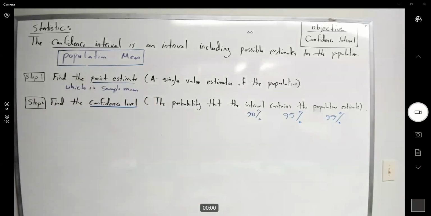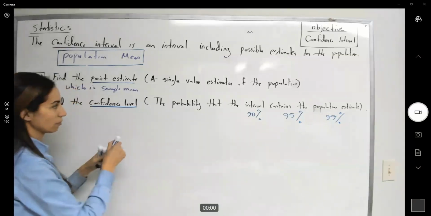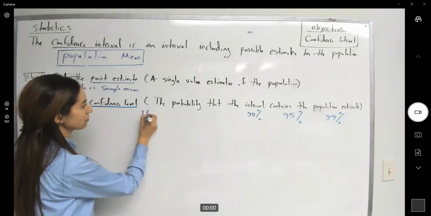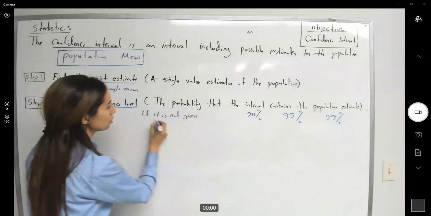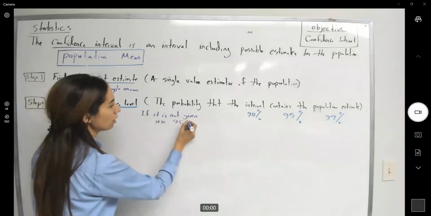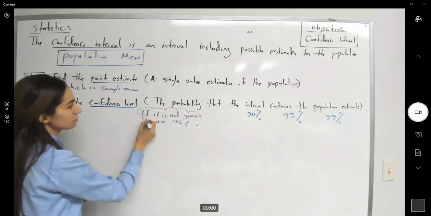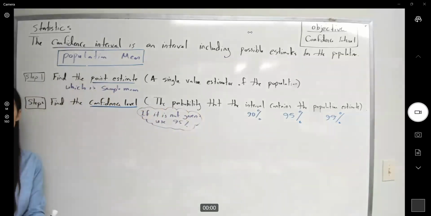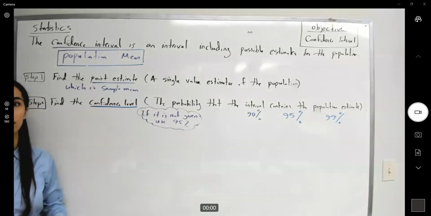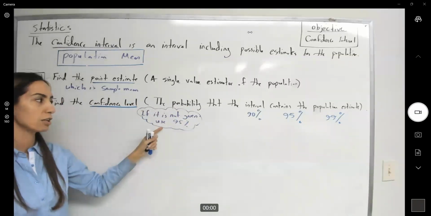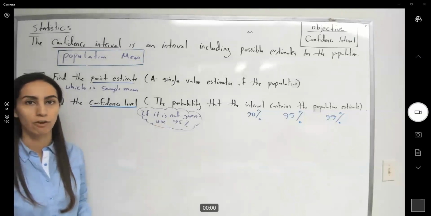So quick note for you: if it is not given, use 95%. When you read the question and cannot find any confidence level, it means it's not given to you. In general, if it's not given, we use 95%.